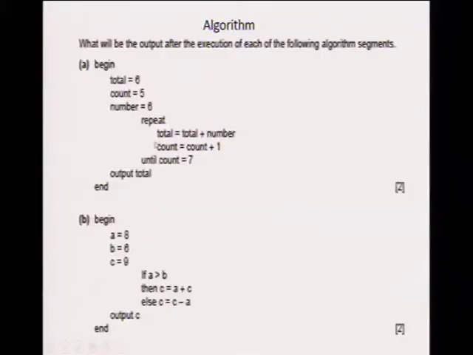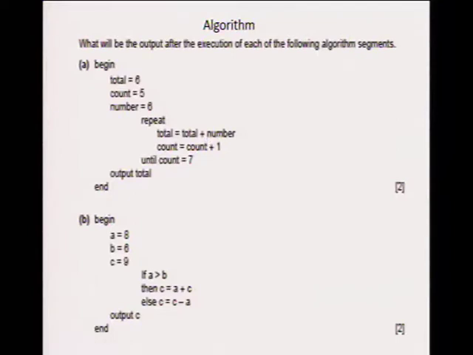In a very simple way, it means, computer, please repeat this until count is equal to 7. Meaning, until count is equal to 7, the compiler will continue to repeat this. I will find time to teach you more about programming.